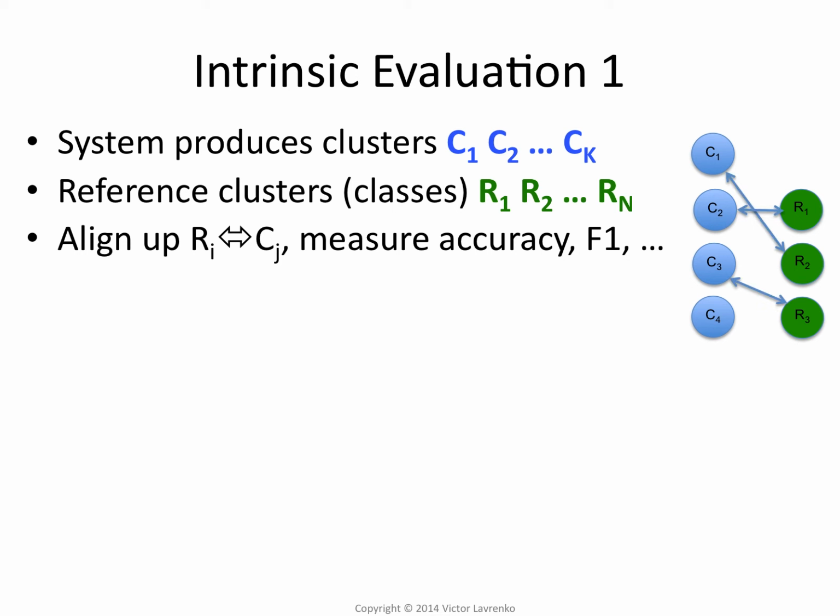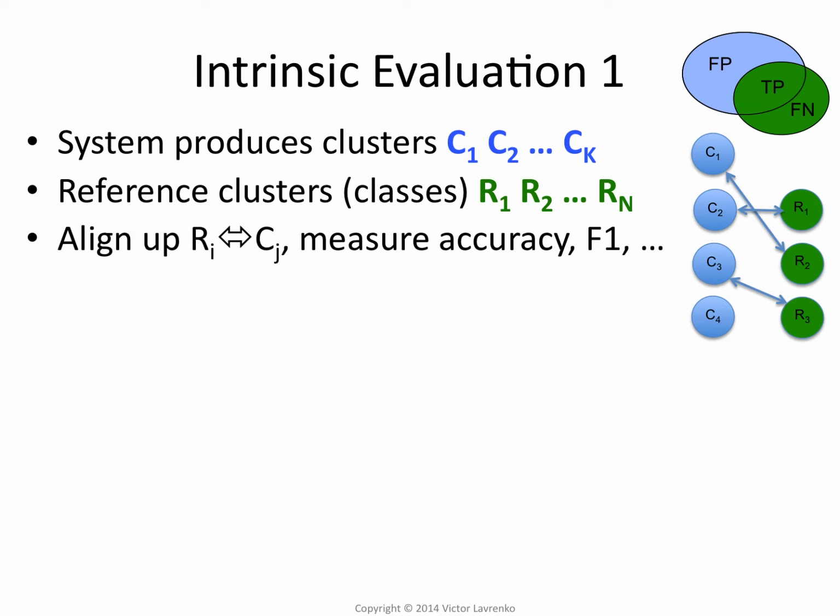So what we talked about, the basic building blocks, the true positives, true negatives, false positives, and false negatives, we can compute them once we have a pairing, right? So if cluster 1 in the system output is paired with reference cluster 2, then I can draw a Venn diagram and I can see how many elements are both in cluster 1 and in class 2, so that's your true positives.